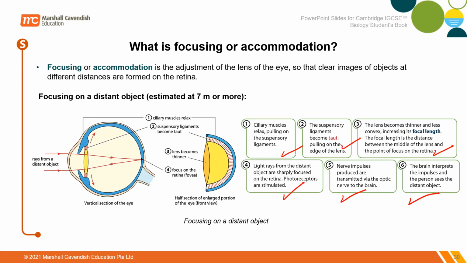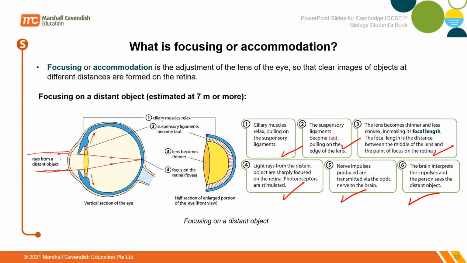If the object is really far, rays of light from a distant object come in as parallel rays.